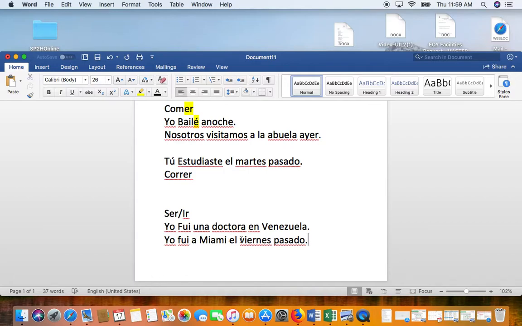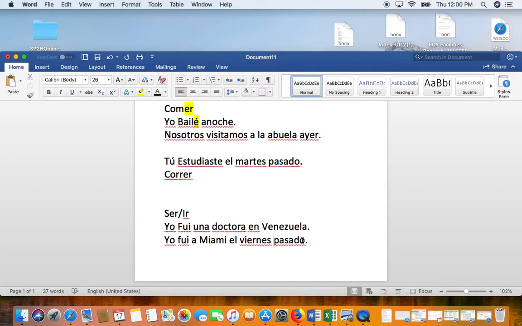So again, I'm talking about myself. I have to conjugate those two verbs for the yo form, fui. And now, what's the context? Am I talking about ser or ir? Think about it. We're talking about to go, right? The verb to go, which is ir. So I went to Miami last Friday.